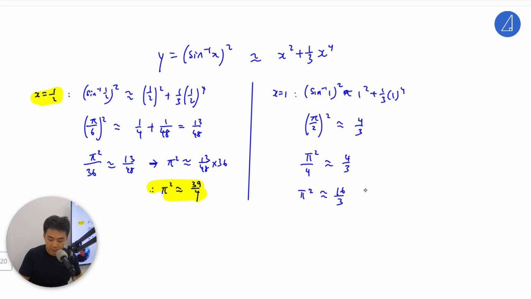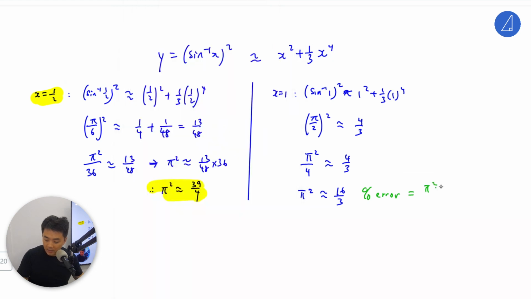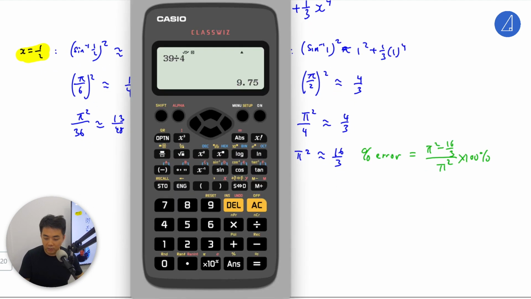Okay, so the percentage error, if you want to count the percentage error, is you take pi square minus 16 over 3 over pi square times 100%. Okay, the percentage error here will be quite jarring. It might be better than not estimating it.